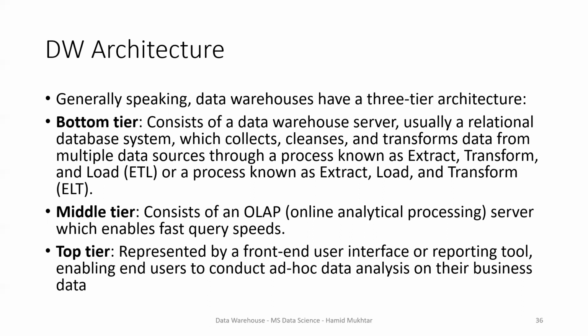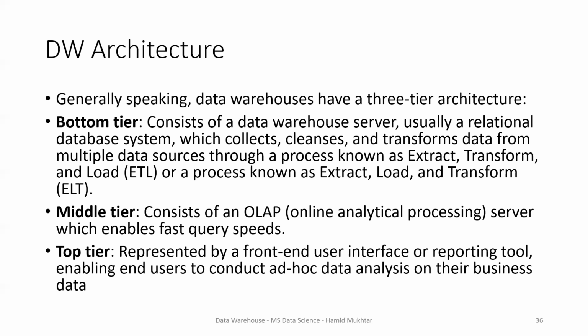The bottom tier, what is that? It consists of a data warehouse server. It is usually a relational database system which collects, cleanses, and transforms data from multiple data sources through a process known as ETL, extract, transform, load, or a process known as ELT, extract, load, transform.